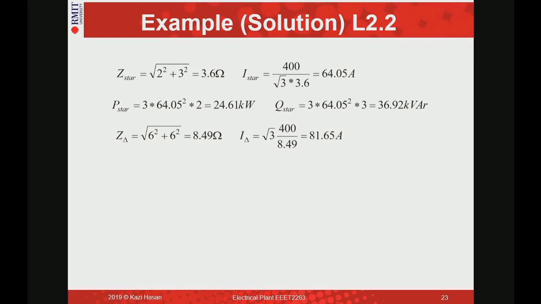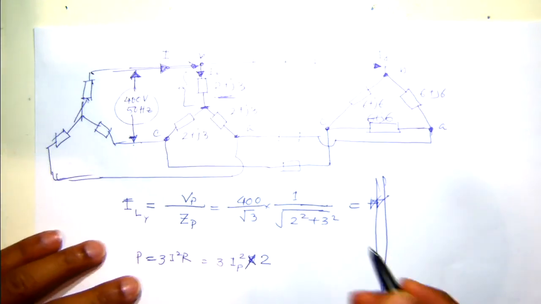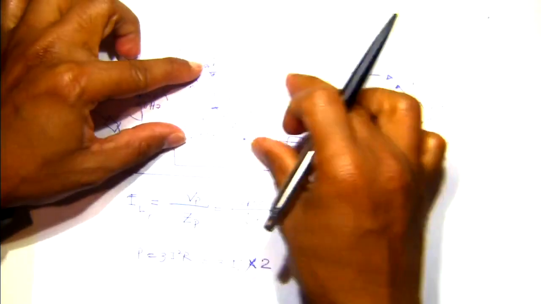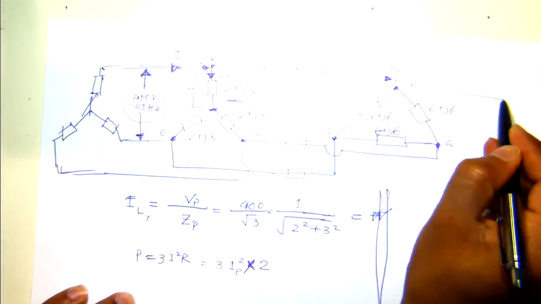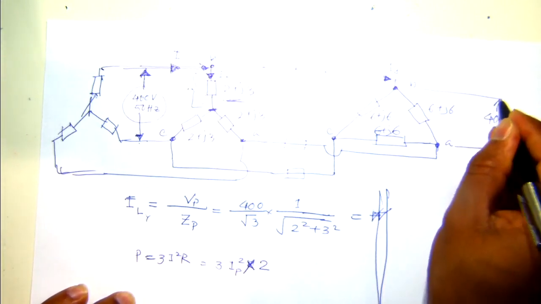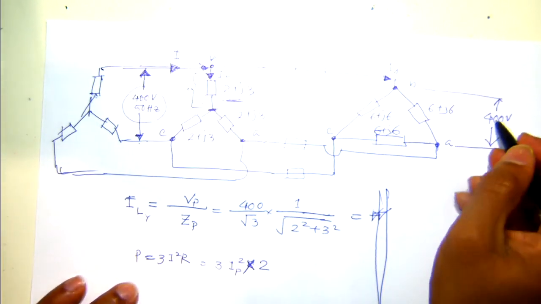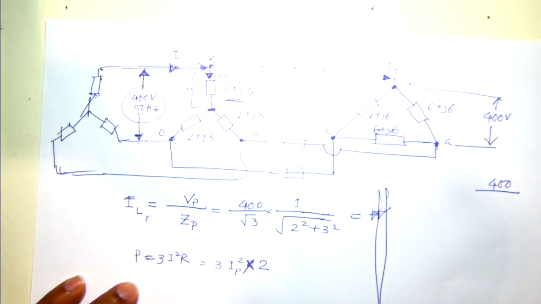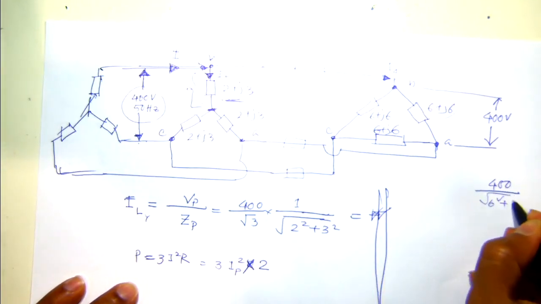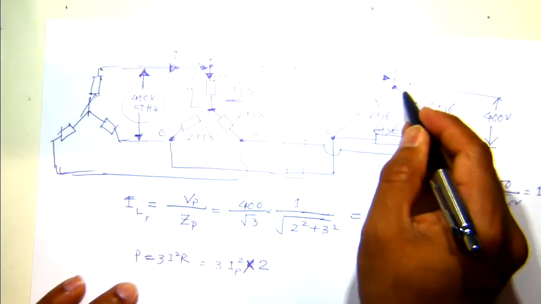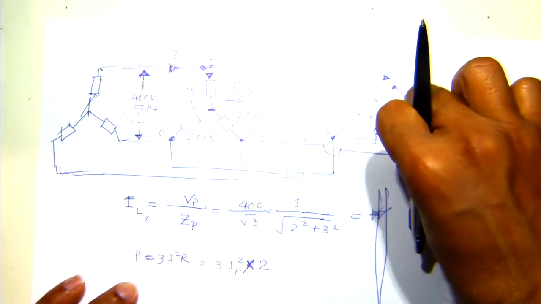Just give me a second. Remain with me. What I mean is, as you see, 400 volt is here within the phases. So between phase A and phase B, you have 400 volt. When you divide your 400 volt with this impedance, the current you get is actually I phase for this phase, because you use the voltage here and the impedance here.